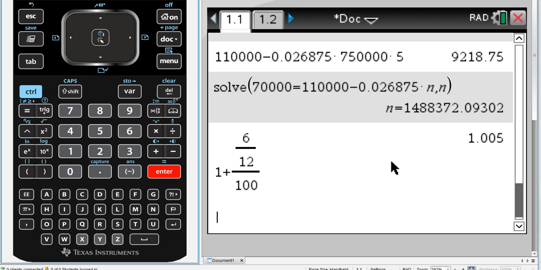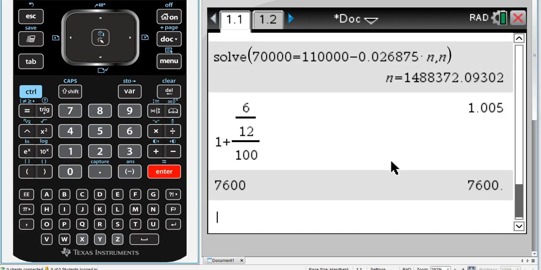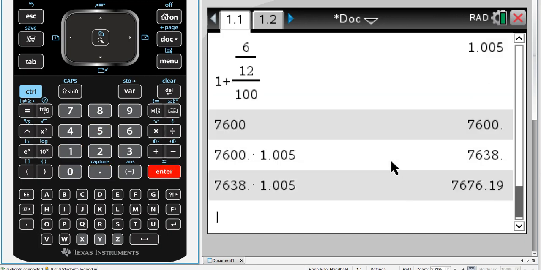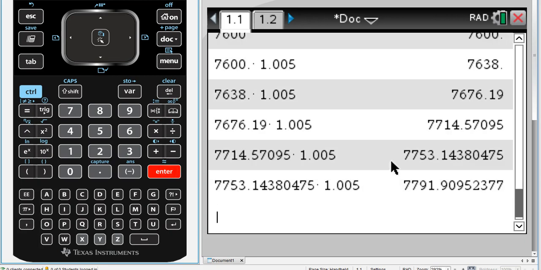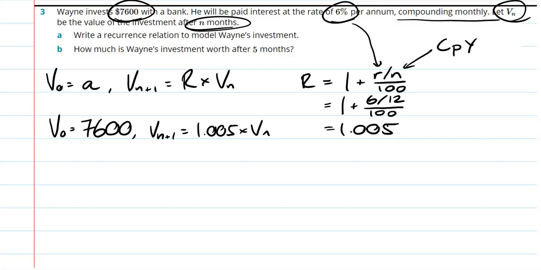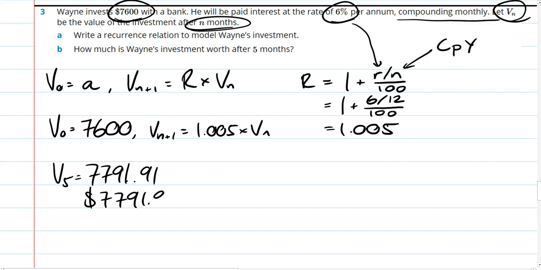We could do 7600, enter, and then take the last answer times 1.005, so 1 month, 2 months, 3 months, 4 months, 5 months: 7791.91 to the nearest cent. So V5 is equal to $7,791.91.